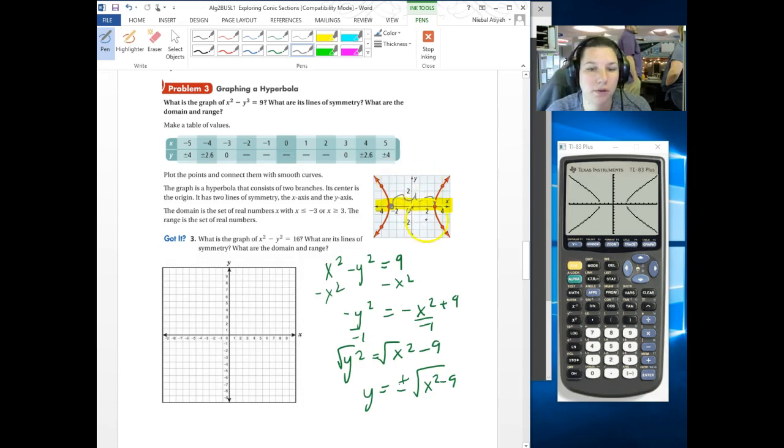There are no points on the graph. So our domain is all of the numbers that are less than or equal to -3 and all the numbers that are greater than or equal to 3. Only these x's have y values. These ones here are not included in your domain.